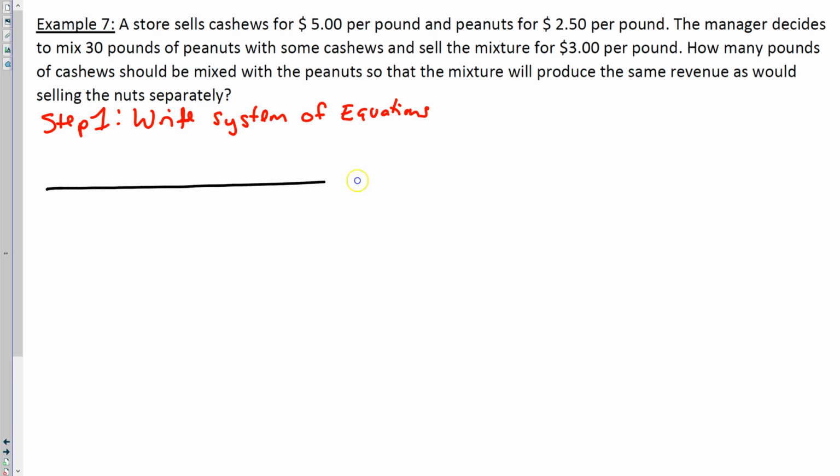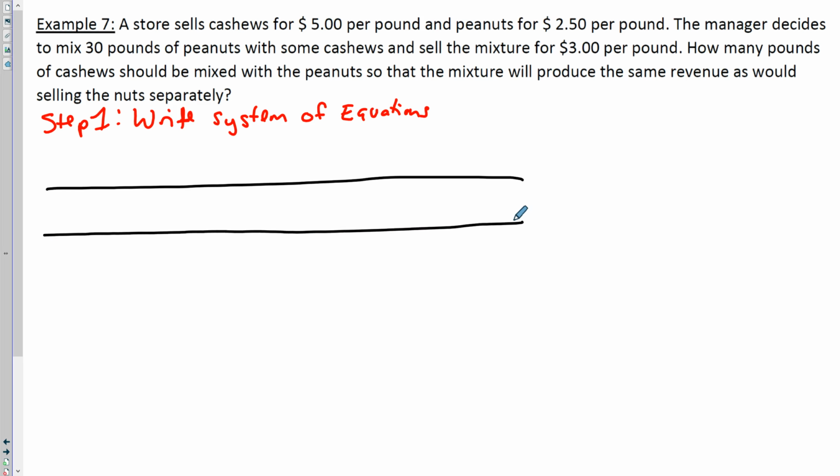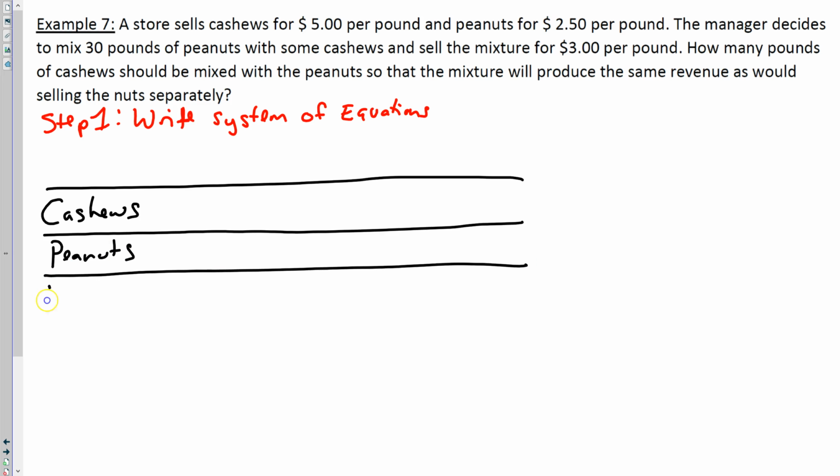And part of how I knew that this was going to need a table to help generate our equations is because we have these different categories. So I have the category of cashews, peanuts, and also that we're creating a mixture between these two.